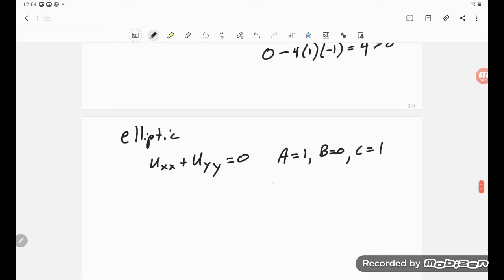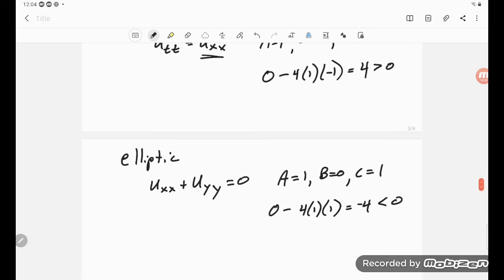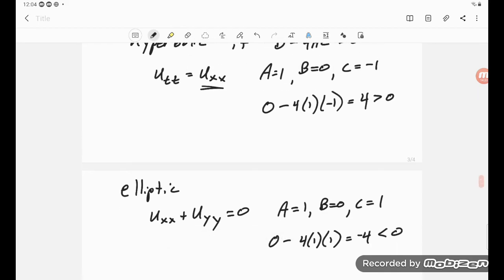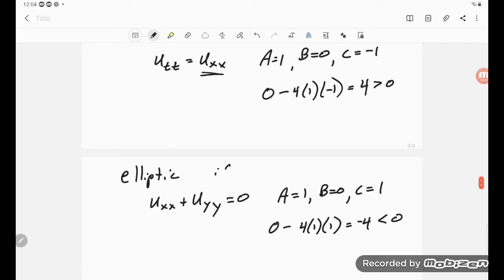And so we get 0 minus 4 times 1 is negative 4, which is less than 0. And so that's elliptic if b squared minus 4ac is less than 0. So those are the 3 basic types of problems, parabolic, hyperbolic, and elliptic.